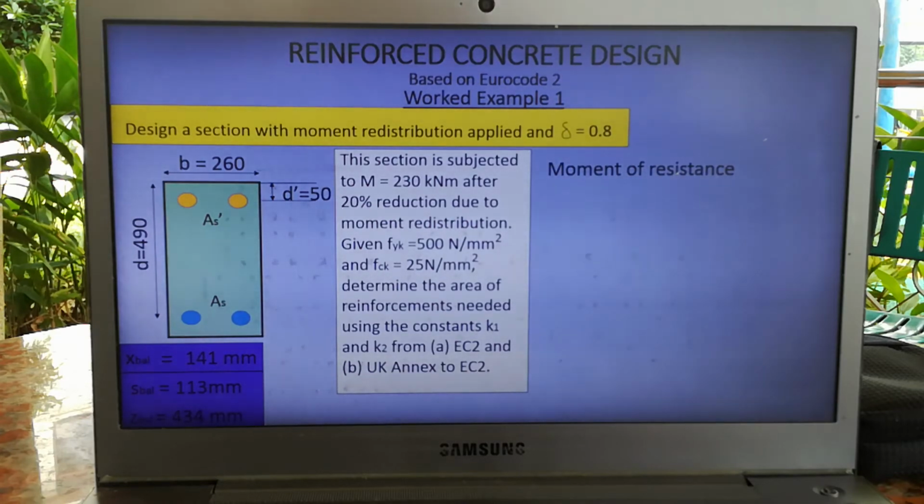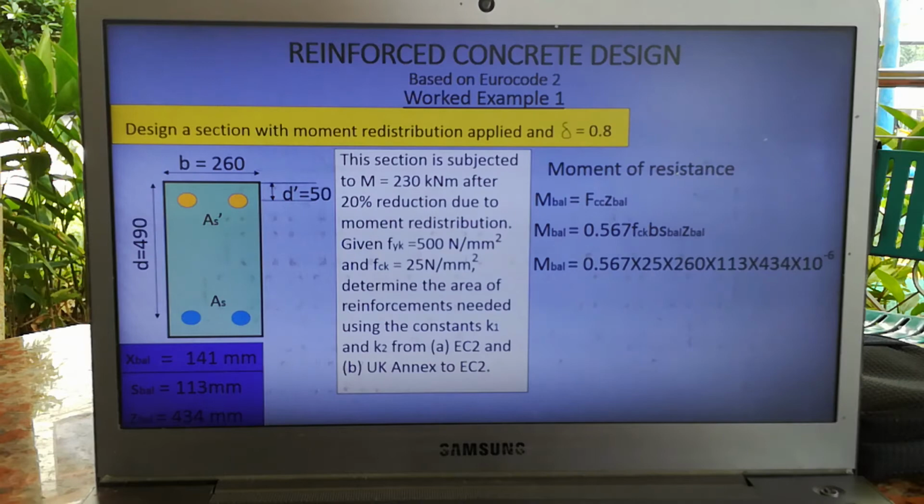Moving on to the moment of resistance. Moment equals force times lever arm. Revealing the components that make up the concrete force, plug in the values. 25 is the concrete cylindrical strength. 260 is the width. 113 is the depth of the stress block. 434 is the length of the lever arm that we calculated earlier. 10 to the power of minus 6 is the conversion factor from Newton millimeter to kilonewton meter.